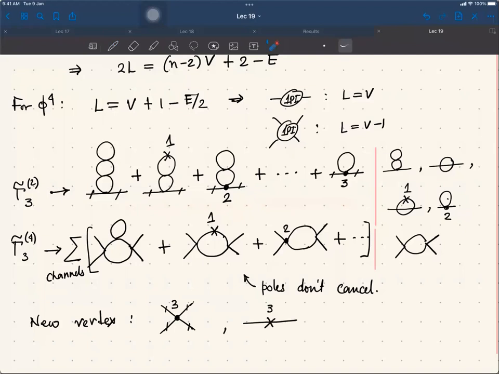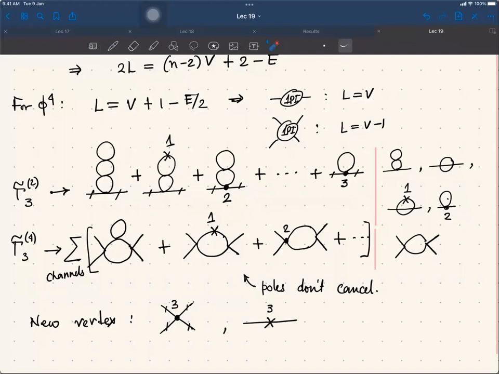Now I will address one point which is very crucial in proving that this process works. The process means adding a counter term Feynman diagram, which can be written as a counter term in the Lagrangian.